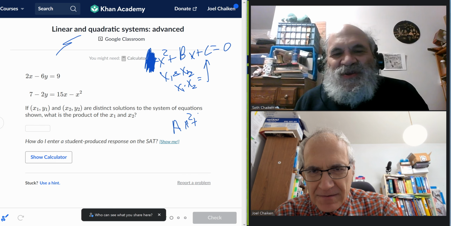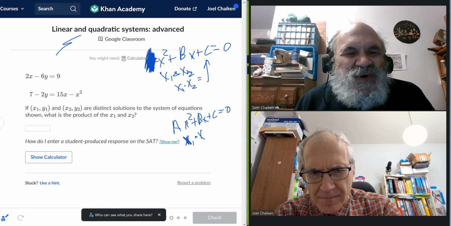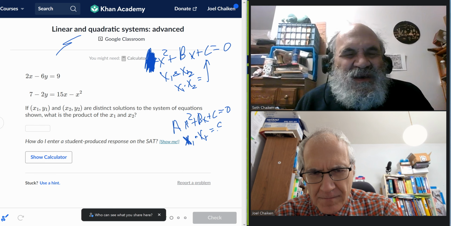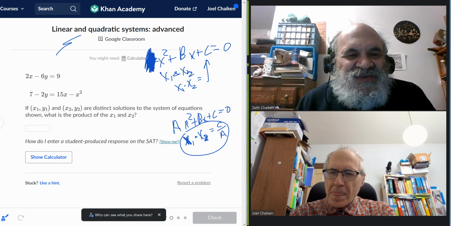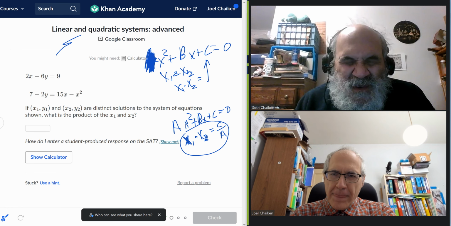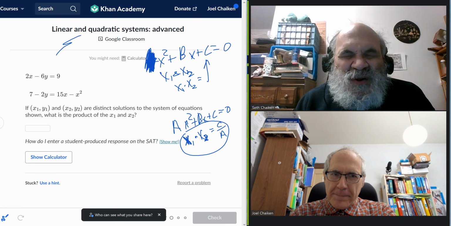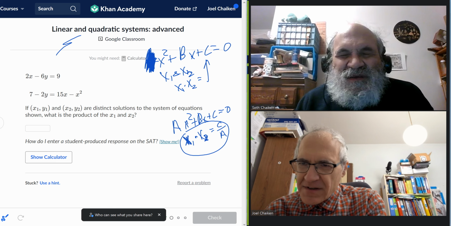And of course, when you eliminate y, the integer way of eliminating y is going to give you a coefficient of 3 for x squared. So you do have to worry about the a. So let's do it.